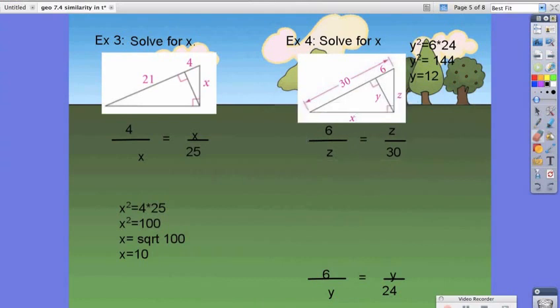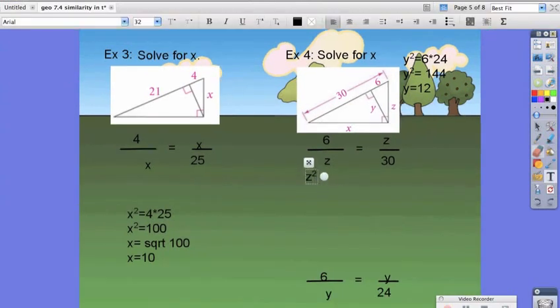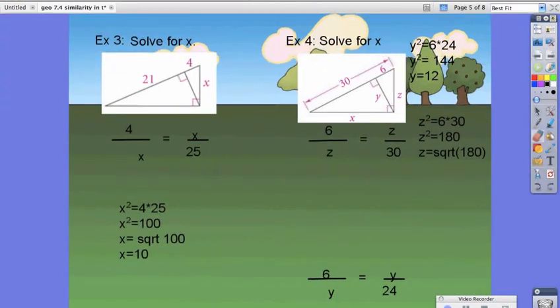So, cross product again equals 6 times 30. Z squared equals 180. Z equals the square root of 180.